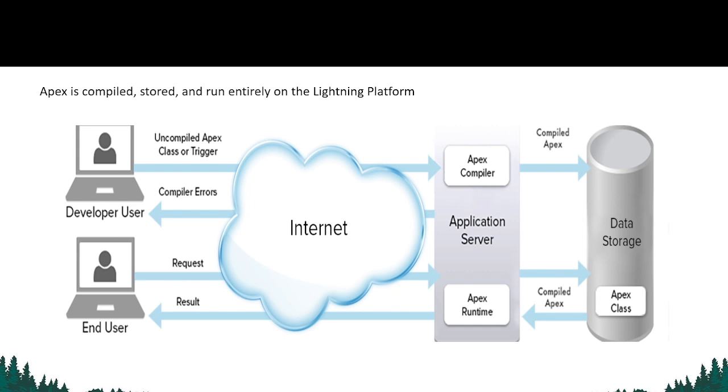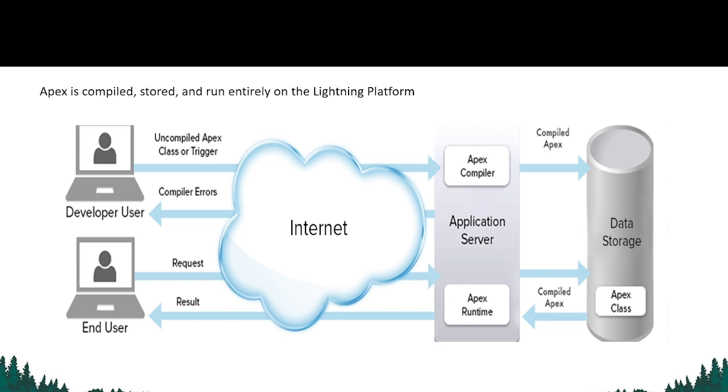When talking about the end user, the request is given through the internet to the application server. The application server then uses the Apex runtime interpreter. Then the Apex class is accessed from the data storage, and the result is given to the end user.